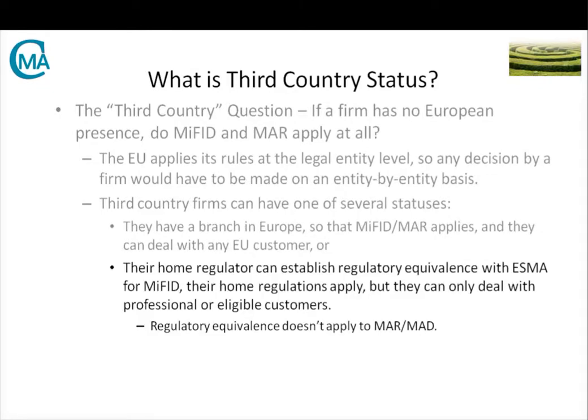If you don't have a branch, MiFIR says that your home regulator can establish regulatory equivalence with ESMA, and then your home rules apply, not MiFID. But you can only deal with the categories they call professional or eligible customers, not retail customers.